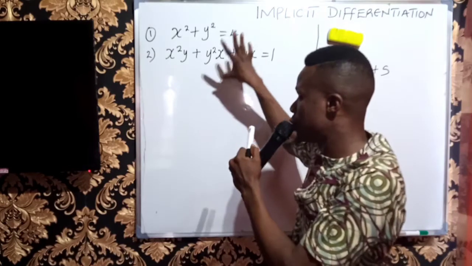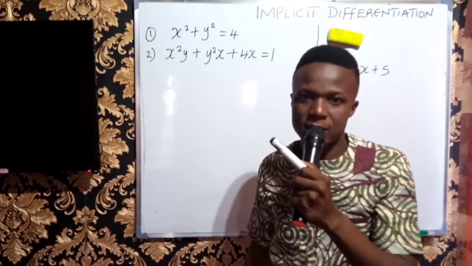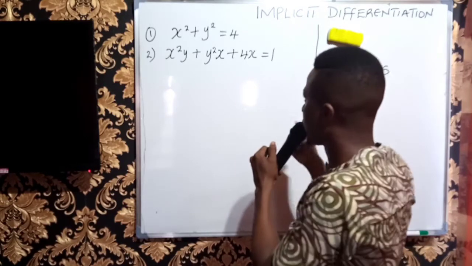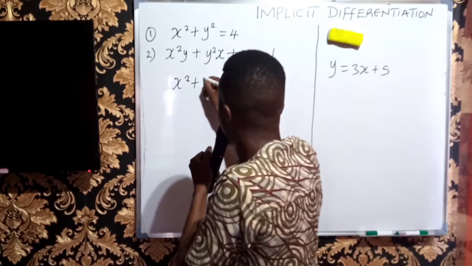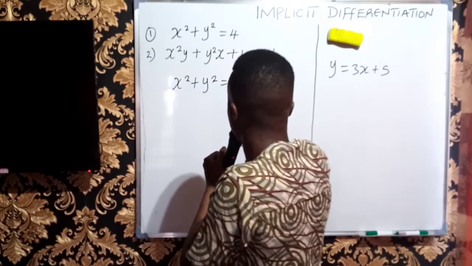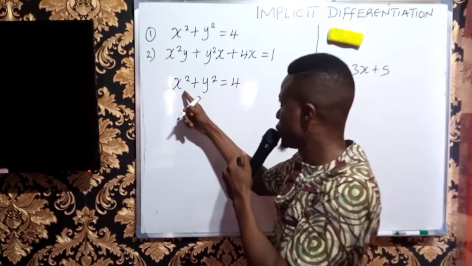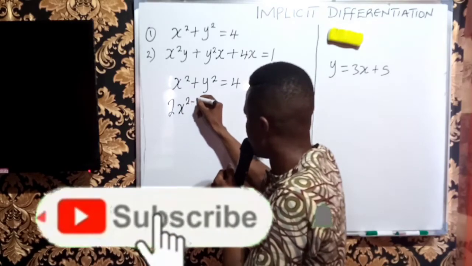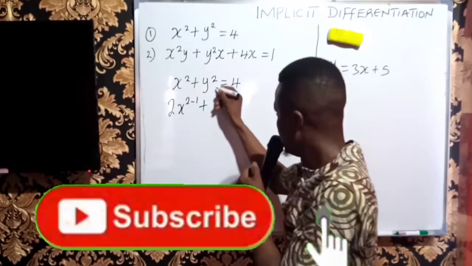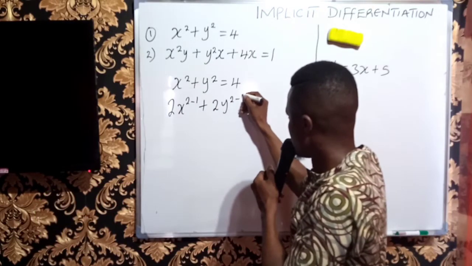So let us take these two problems to exemplify what we mean by implicit derivatives. The first one we have is x squared plus y squared equals 4. Let me differentiate x squared. As usual, the 2 will come to the front, so I have 2x to the power 2 minus 1, plus, if I differentiate y squared, I'll have 2y to the power 2 minus 1.